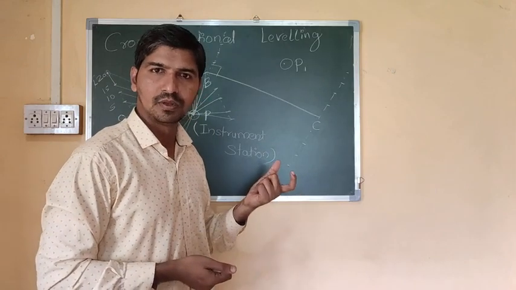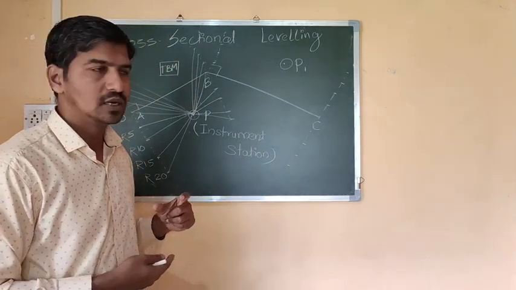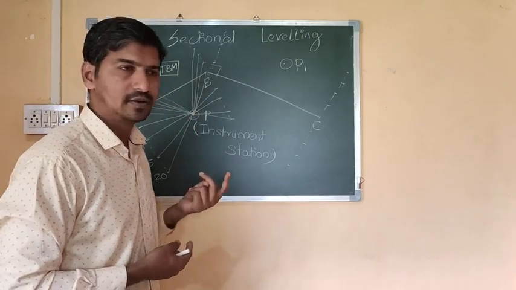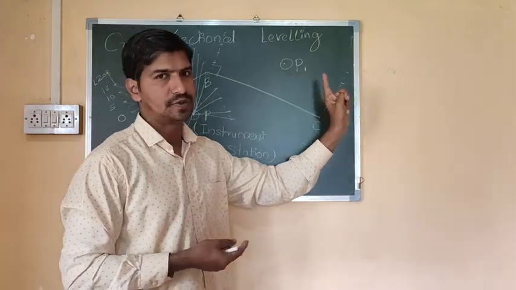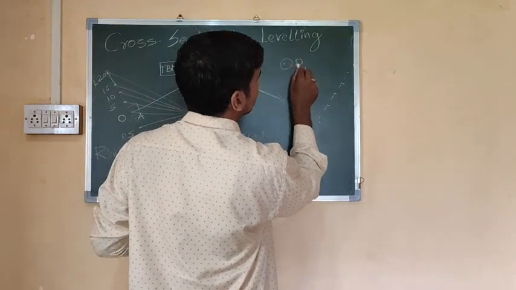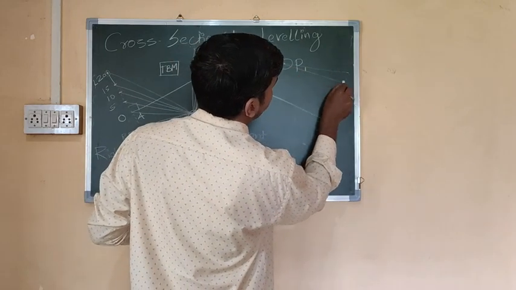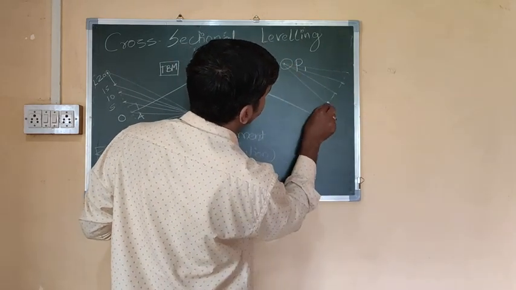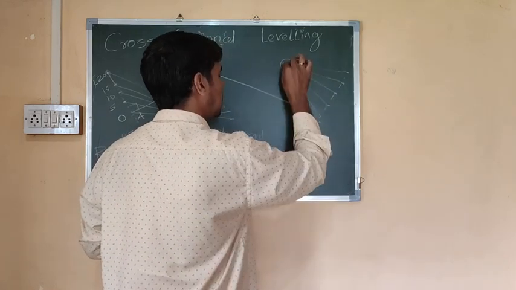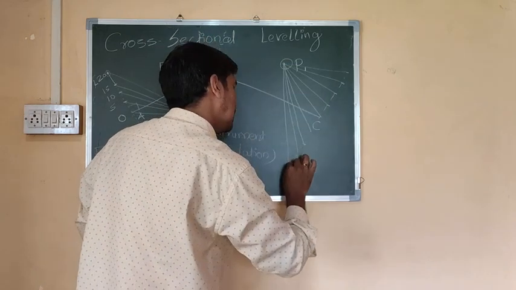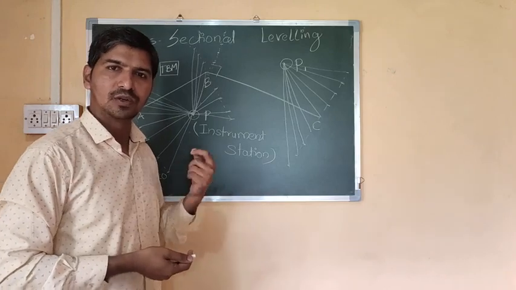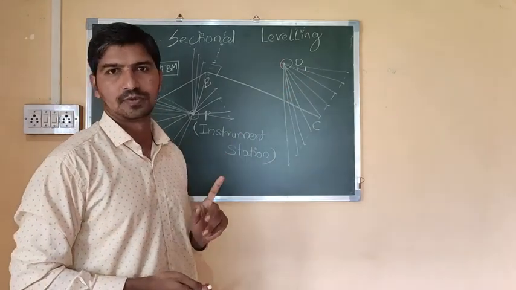That observation is added to the RL of the TBM and you get the new height of instrument. From this new height of instrument, again bisect the respective points, and using either the rise and fall method or the collimation plane method, find the reduced levels.